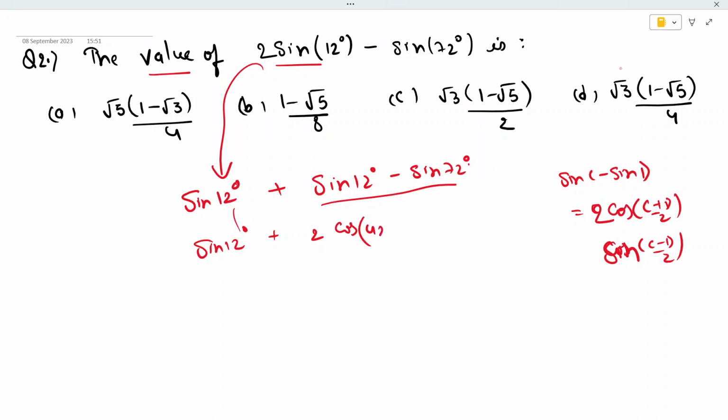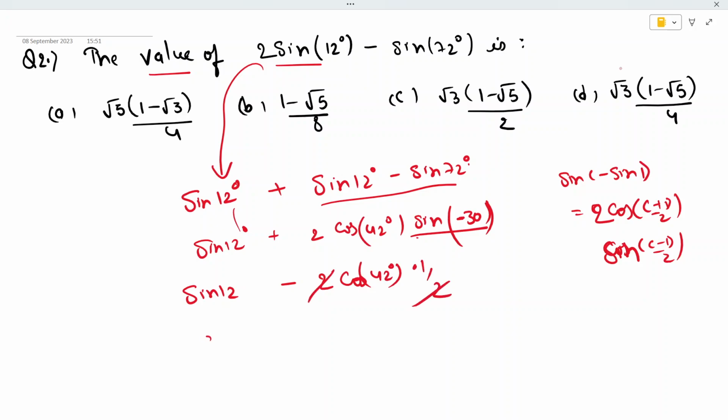So cos 42 degree, and this is sin 30 degree. Sin of -θ is minus sin θ, so we can take cos 42 degree outside, and sin 30 degree is 1/2, so this will cancel out.